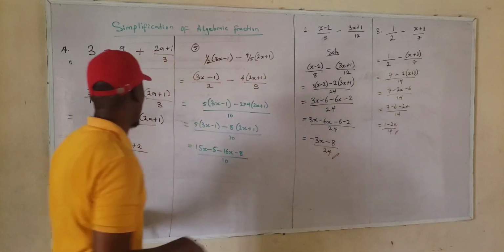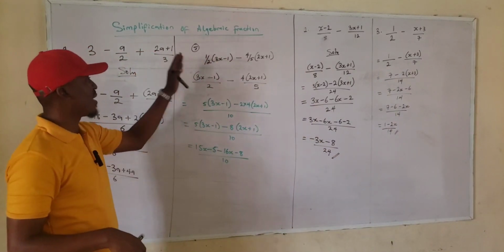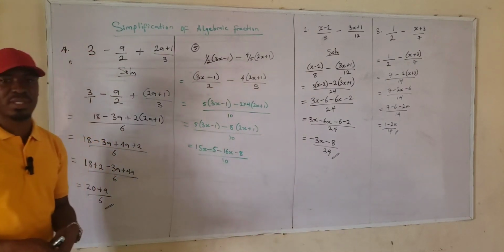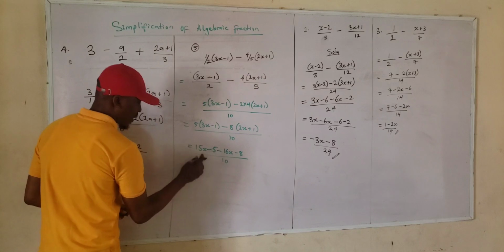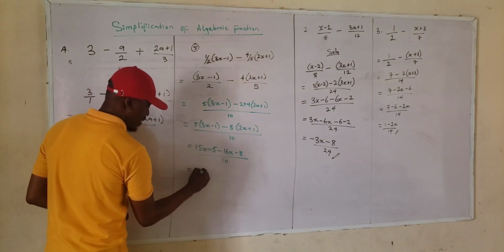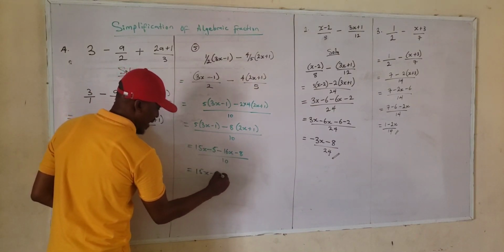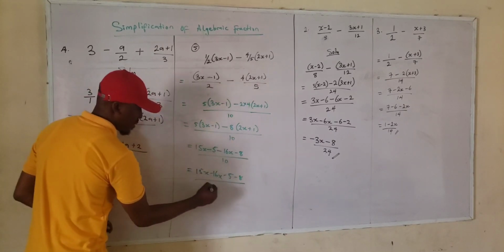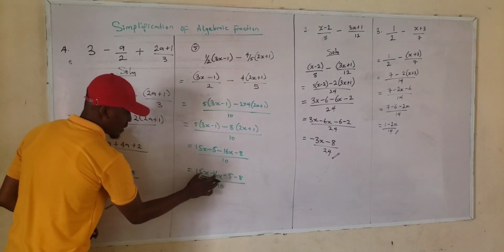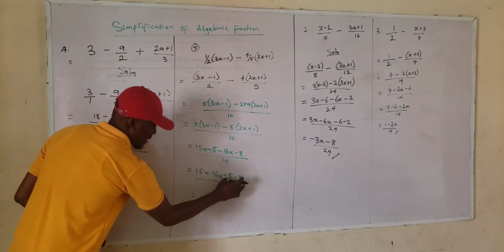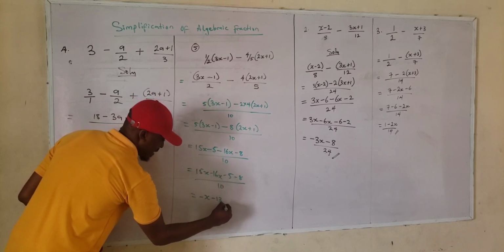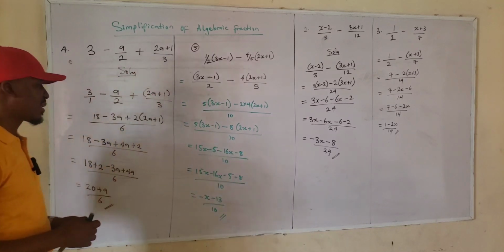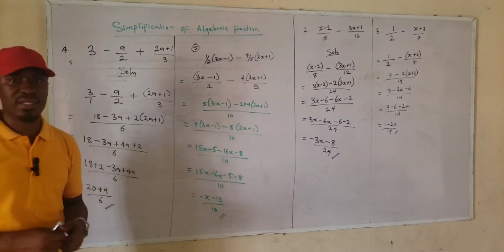The only thing that is different is just the questions are different, but the method, the process are also the same. So 15x, you bring it closer, minus 16x, then minus 5 minus 8 all over 10. So these two will give you minus x, these two will give you minus 13 over 10. So that is our answer for that.